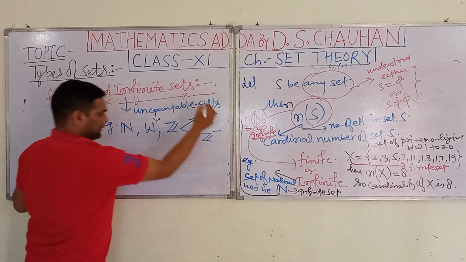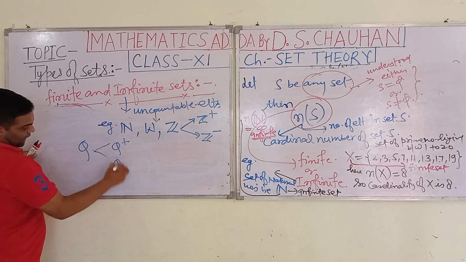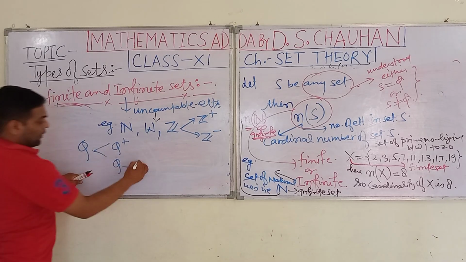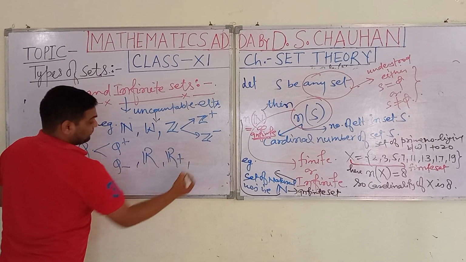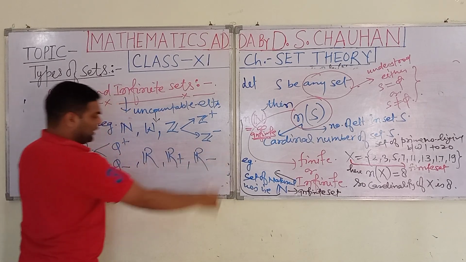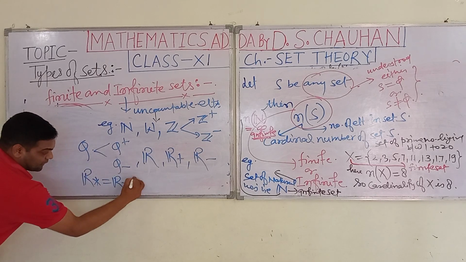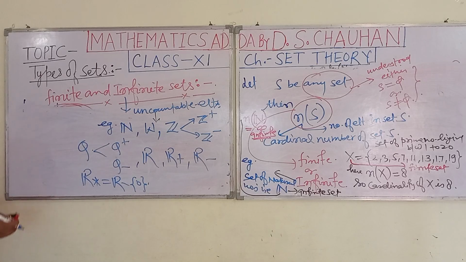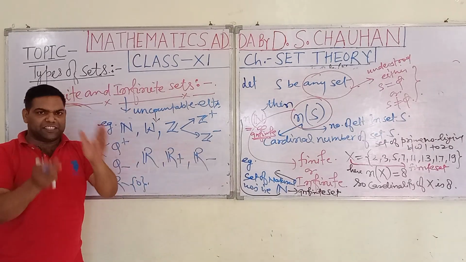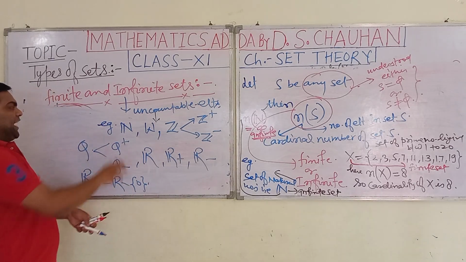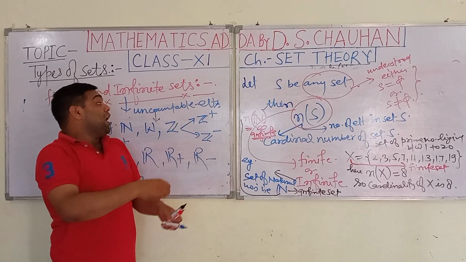All of you are aware that the field of natural numbers is an infinite set. The field of whole numbers represents an infinite set. Field of integers, positive integers, negative integers, rational numbers, positive rational numbers, negative rational numbers, real numbers, set of positive real numbers, set of negative real numbers, set of non-zero real numbers.